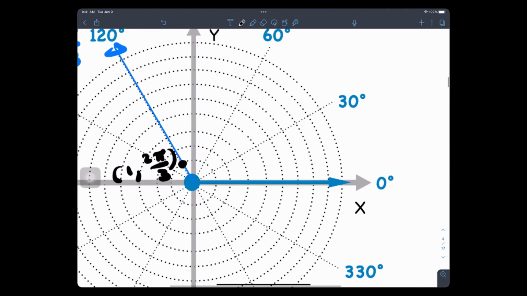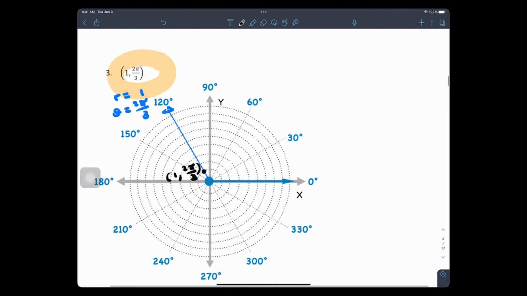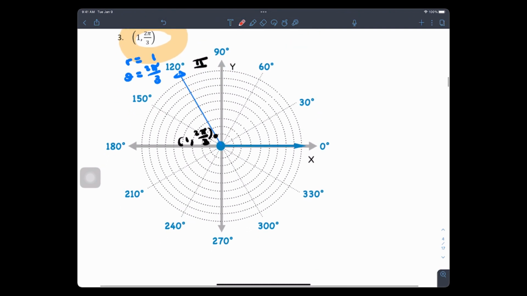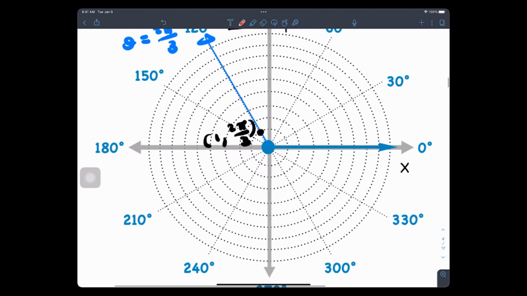That's the location, and yes, that's in quadrant 2. What do we know about quadrant 2? Well, in terms of your Cartesian coordinates, in quadrant 2, remember x is negative and y is what? Positive.